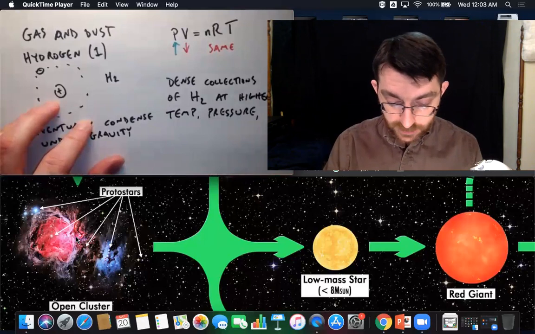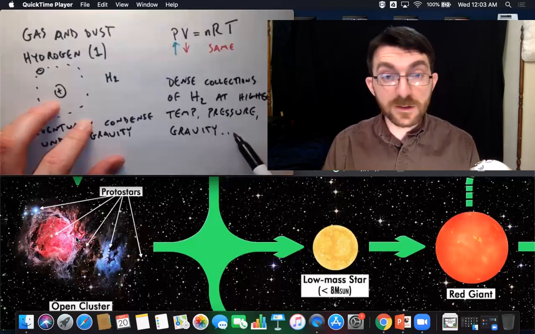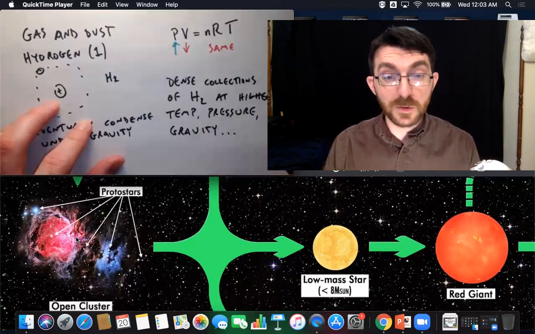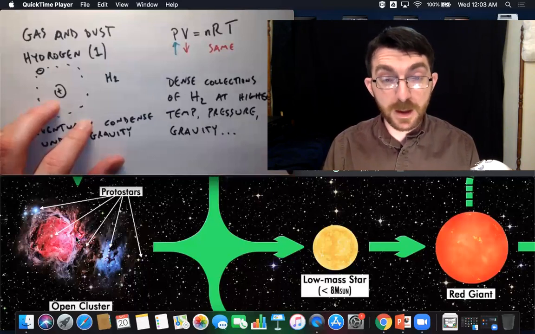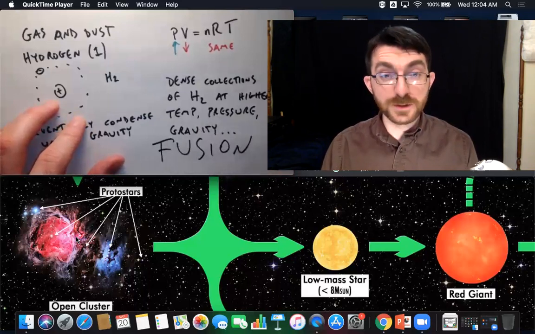And that just means that you've got even more gravity. This is going to run away, and eventually it's going to cross a threshold. And what's going to happen is there's going to be the beginning of fusion.